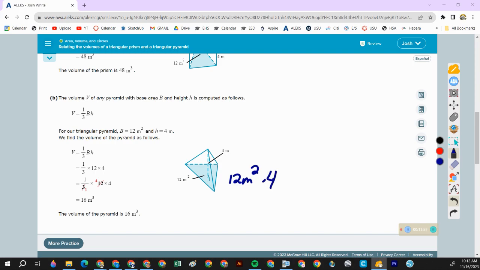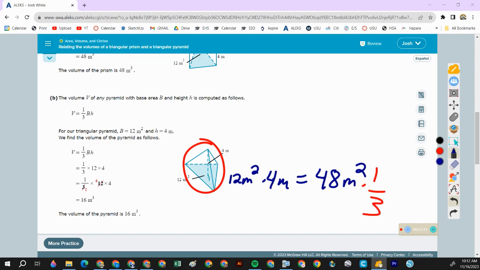So we times it by 4 meters. We end up with 48 meters cubed. And because it is a pyramid, that pyramid is going to be exactly 1/3 as big as the prism that it is attached to. Okay, that is it. Get to work.